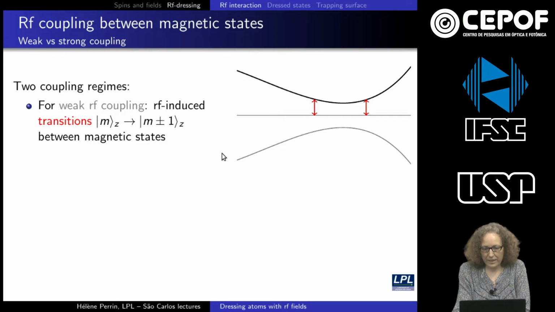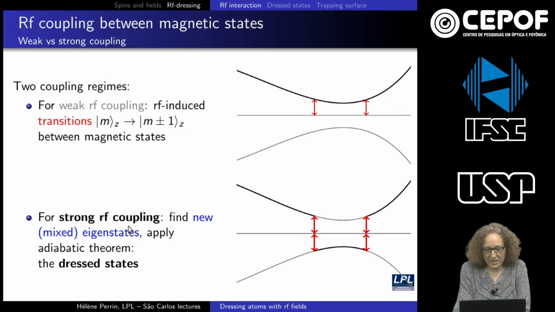However, if the RF coupling is strong, then it is strong enough that we have to consider new eigenstates, which mix the upper state with the lower state here. It is so strong that if I start in this level and arrive at that point, I will, with 100% efficiency, reach that point and follow this potential, and then reach that point again and follow this potential.